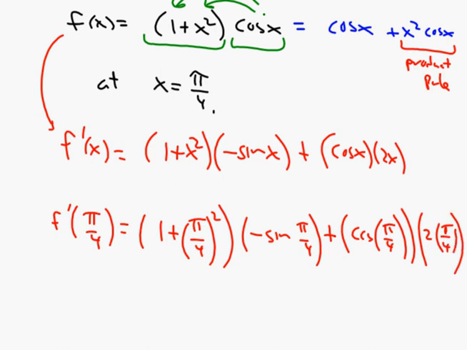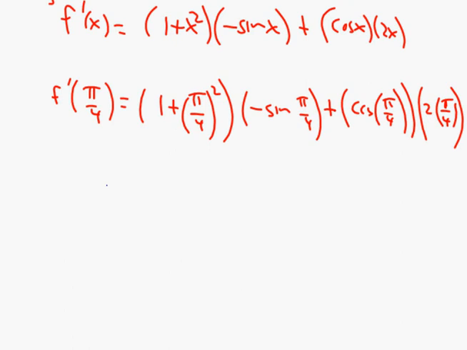Okay. So I would not expect this thing to look nice when you're done. Try it anyway. So here we go. You get 1 plus pi squared over 16 times the sine of pi over 4, which is rad 2 over 2, but this is going to be negative square root of 2 over 2.